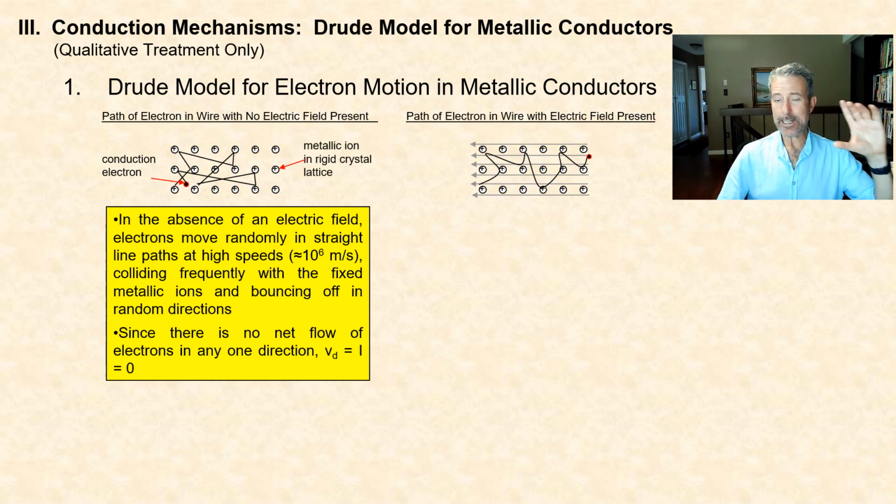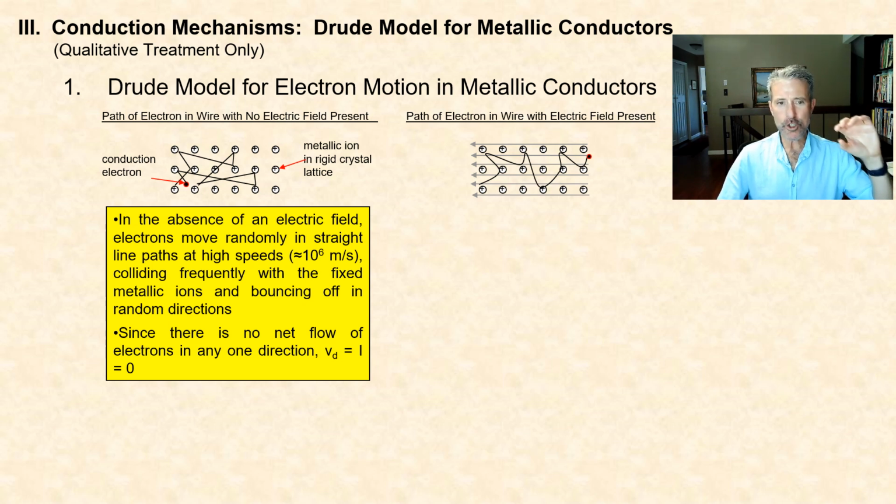Even at room temperature, in a conductor, those electrons are moving quite fast, on the order of about 1,000,000 meters per second. Those electrons are moving back and forth. They're colliding frequently with the fixed metallic nuclei, the metallic ions, and they're bouncing off randomly, moving in all sorts of directions.